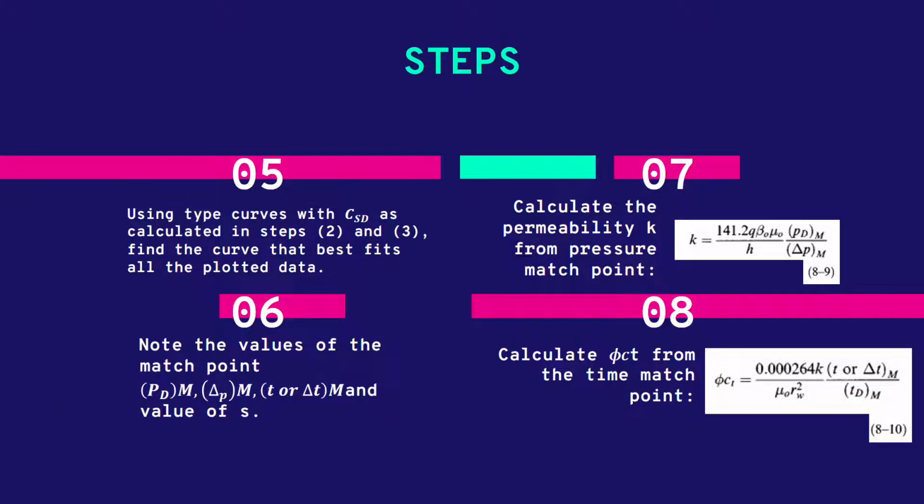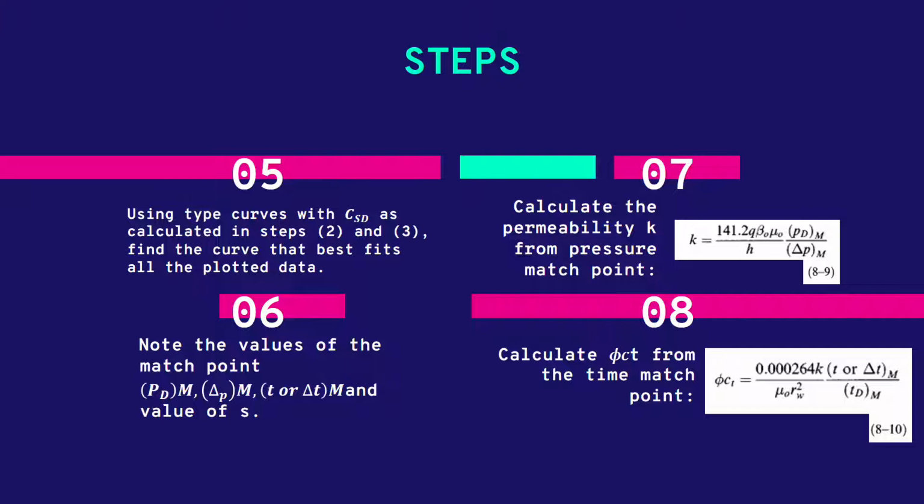Step 5. Using type curves with CSD as calculated in steps 2 and 3, find the curve that best fits all the plotted data. Step 6. Note the values of the match point: the quantity PDM, the quantity delta PM, the quantity delta T M, and the value of S. Step 7.